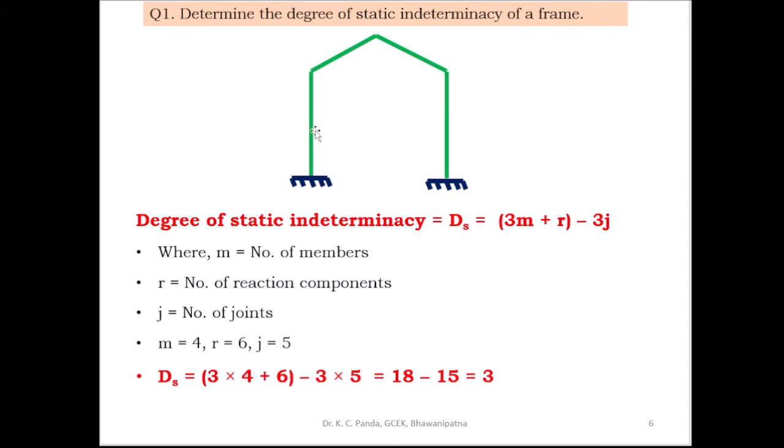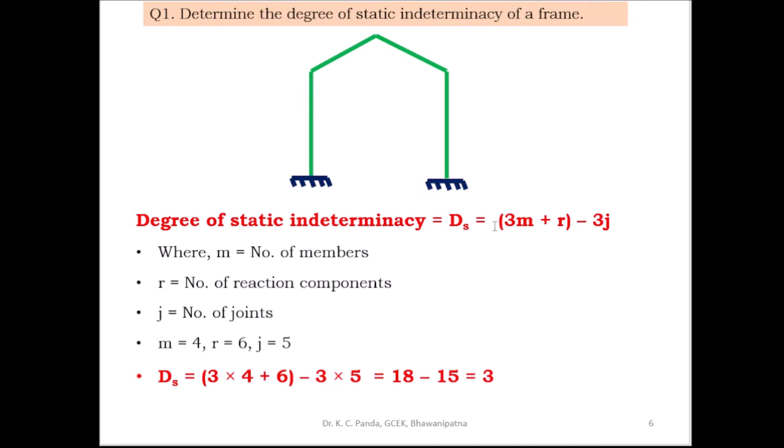How many members? 1, 2, 3, 4, 4 members. So m is equal to 4. And how many joints? 1, 2, 3, 4, 5. 5 joints. So j is equal to 5. How many reaction components? Here there are 3 reaction components, and here there are 3 reaction components. So the total number of reaction components is equal to 6. So r is equal to 6.